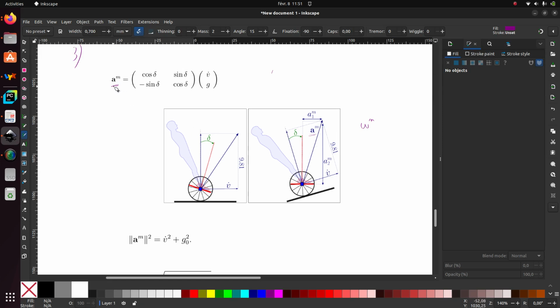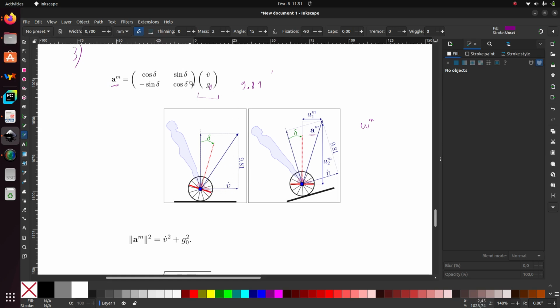There is a relation between AM in the sensor frame and the one in the world frame. So in the world frame, I have the gravity g0, which corresponds to 9.81, and the acceleration v dot in the direction of forward, to be positive.